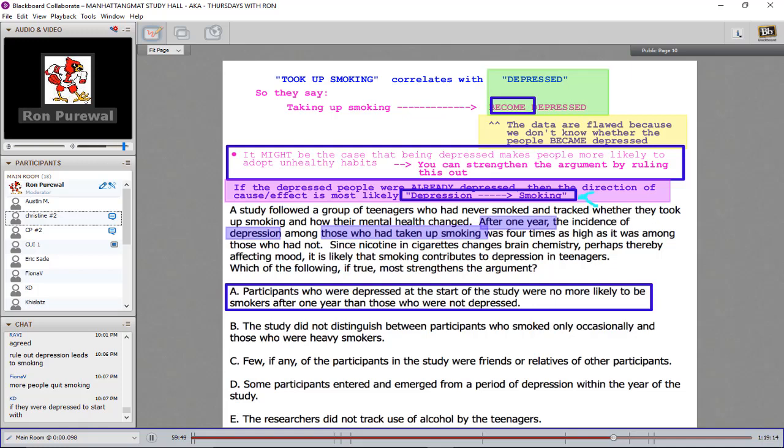It means that it's not that way. So you can actually think of that in either of those two terms. It's both. The data have an issue in the first place. Also, if the causation were the other way around, then you would obviously expect the initially depressed people to smoke more. And they don't.